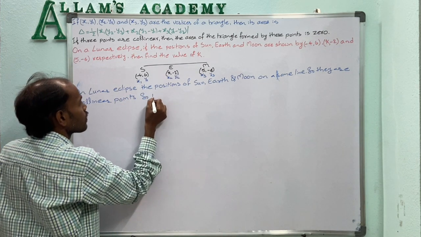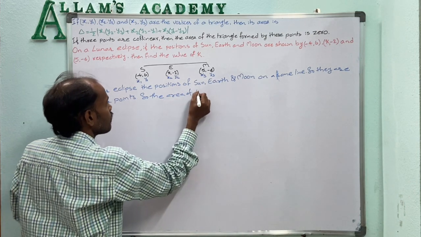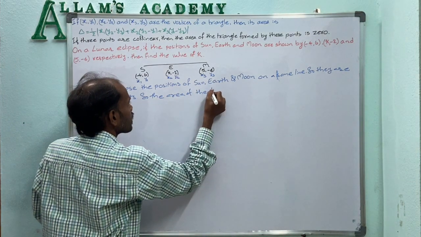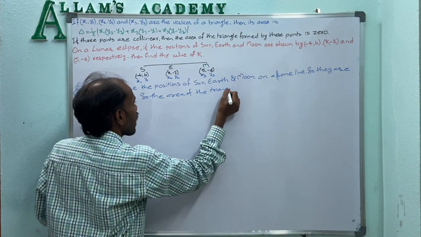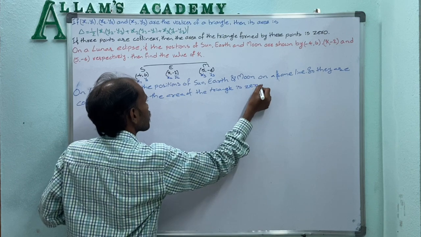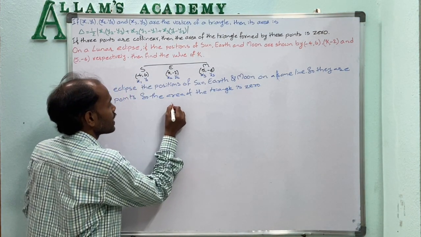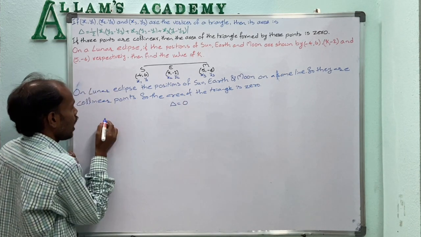So the area of the triangle is 0. Now with that principle, we substitute it. So delta is equal to 0.